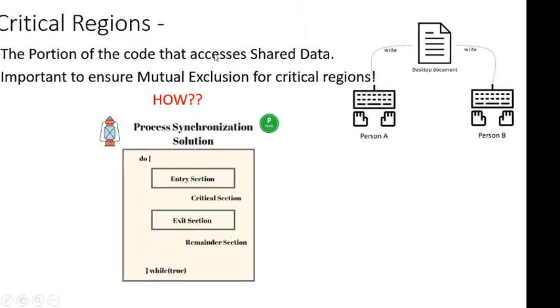So the portion of the code that accesses the shared data is called your critical region.